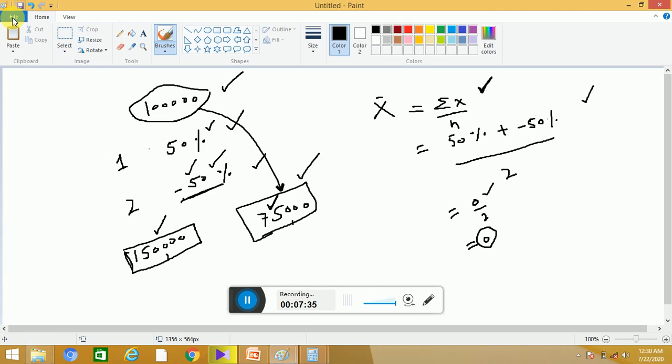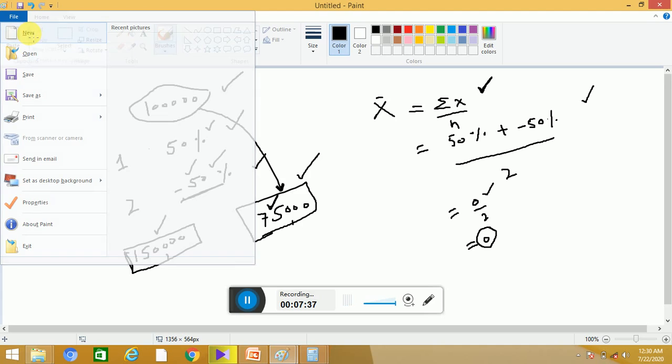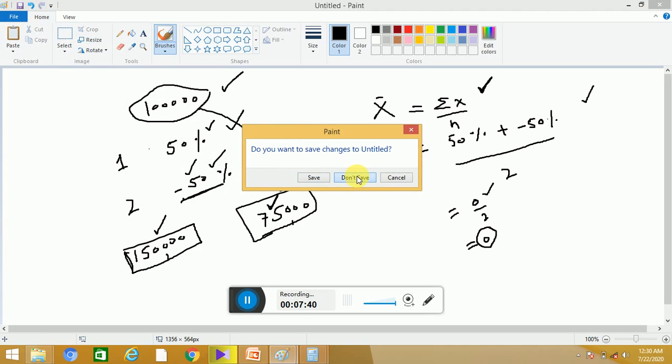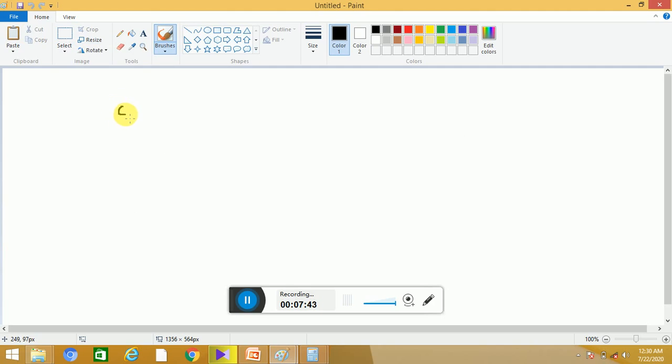Now come to geometric mean. One plus total return 1: first year there is a profit of 50%, then second year there is a loss of 50%.